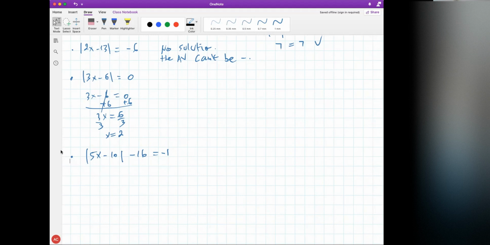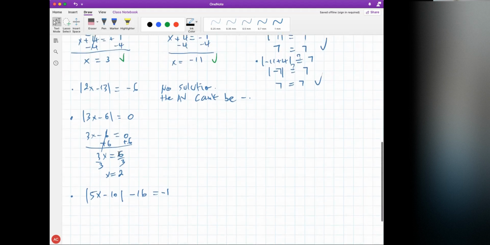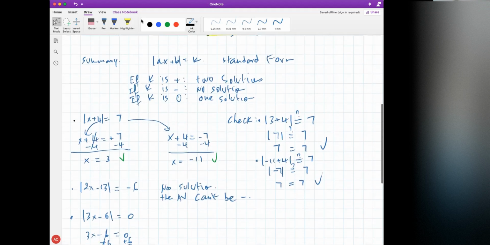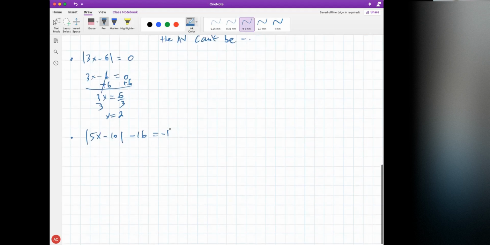Before we can say whether this has a solution or not, you see this is not in standard form. We need to have the absolute value by itself equal to some number. Then we call it standard form. If it's not by itself, we need to first isolate it. This is not k yet.